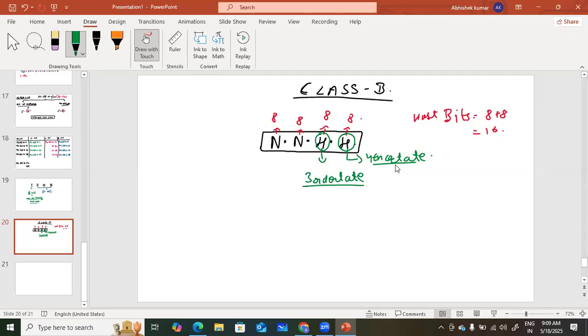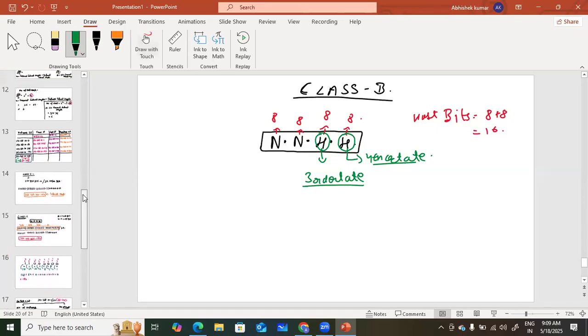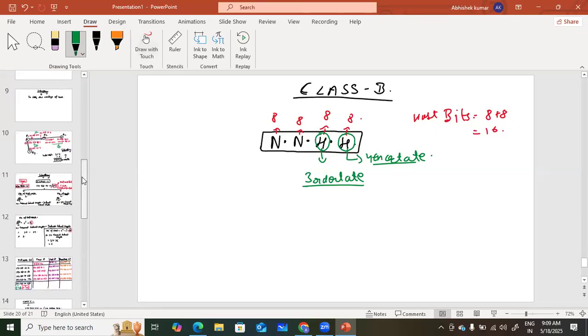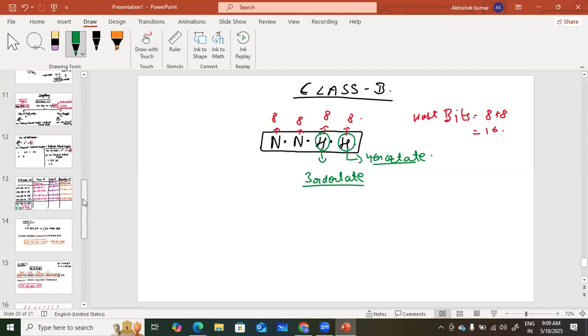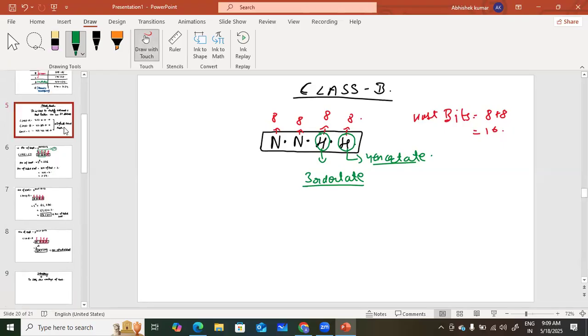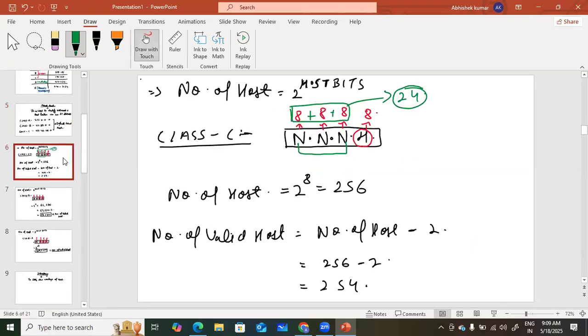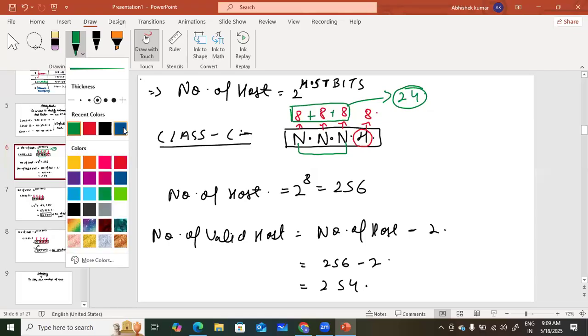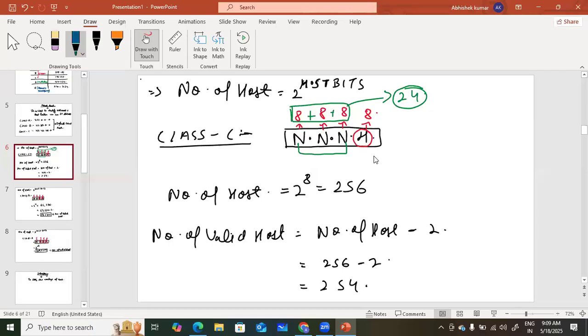Which is the third octet as well as the fourth octet. But I didn't perform subnetting for the third octet in class C, because if you see the default format of class C, it is 3 network octets and 1 host octet, which is only the fourth octet.